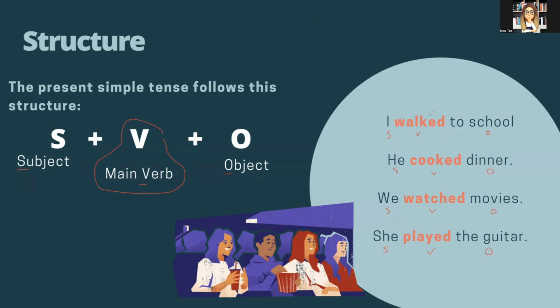Now, in the present simple tense, we often looked at the base form of the verb, the V1 form. This time we're going to be looking at the V2 form. And in the V2 form, we have ED at the end of our verbs. So that is something new for the simple past tense.